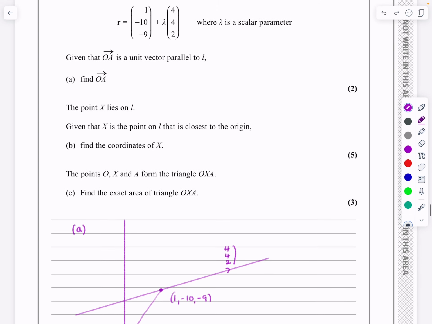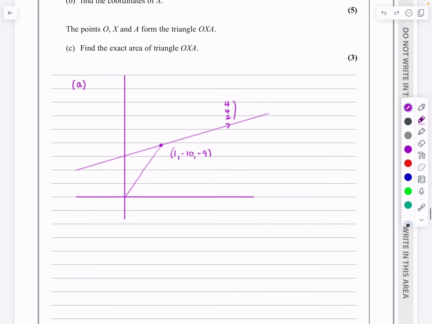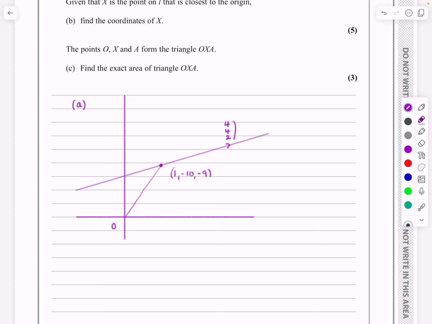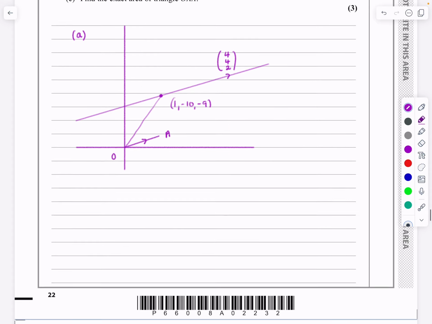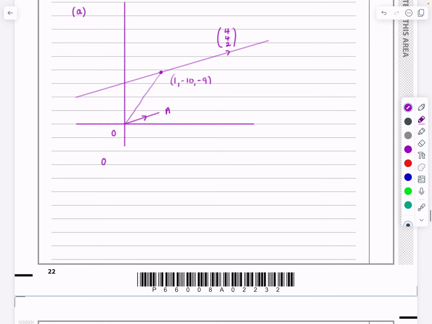Right, it says given that OA is the unit vector parallel to L. Okay, so OA obviously comes out from the origin, it's going to be this vector here, which is parallel to this line here, but is also a unit vector. Well, if it's parallel to it and a unit vector, that's easy enough to work out. So for OA, the first thing I want to do is to work out the length or modulus of (4, 4, 2).